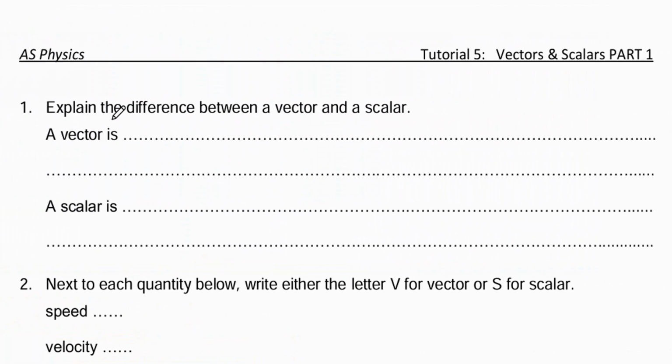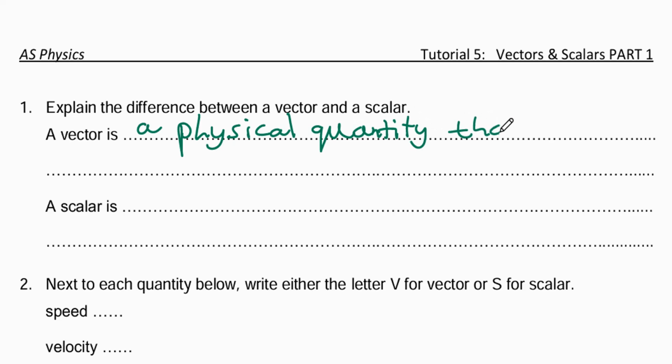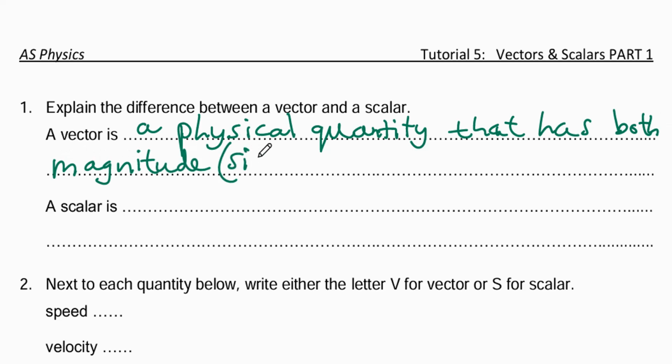So in question 1, we have to explain the difference between a vector and a scalar. So a vector is a physical quantity that has both magnitude, or size, so we're going to use the word magnitude or size, and direction.